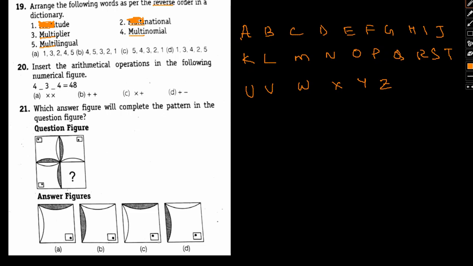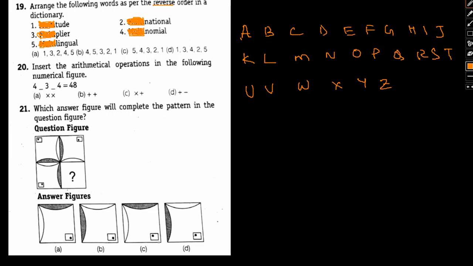Let me just eliminate the same. Now all I am concerned with is the other letters that are remaining. So MULTI is gone from each and every one.